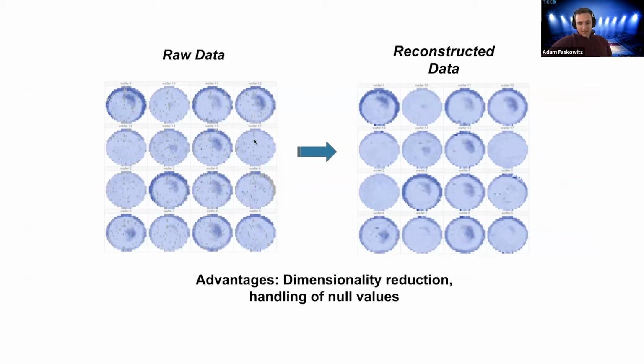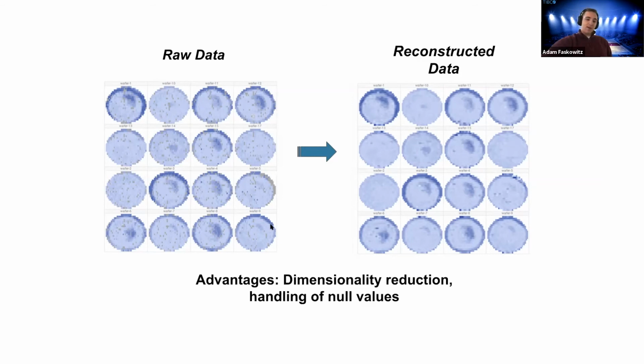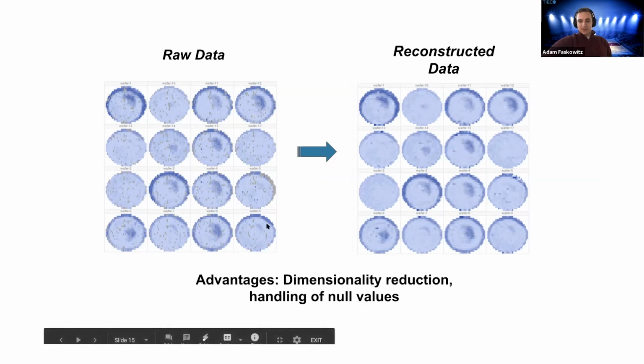So now the advantage of doing our Fourier-Bessel transformations is it's going to do this dimensionality reduction. It's also going to help us handle these null values. So originally there are these 1,000 die on one of these wafers, but we're going to break that down into now just 100 of these coefficients representing this one wafer right here.